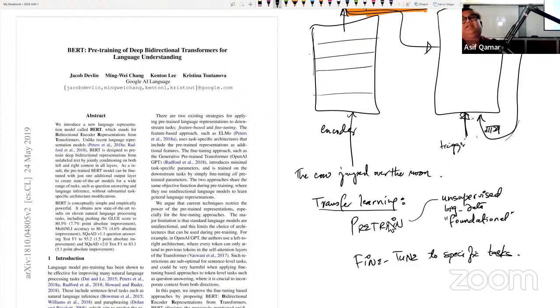Are we together? But then you transfer it to a particular task. Two things will happen. Let's say you do sentiment analysis. Either the foundational, pre-trained model is good enough because it will give you a certain level of performance, or you may need further fine-tuning, further training with your own data.